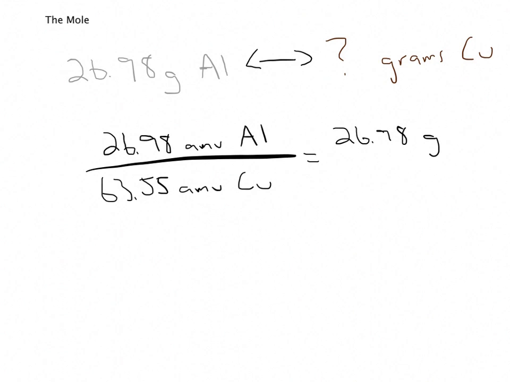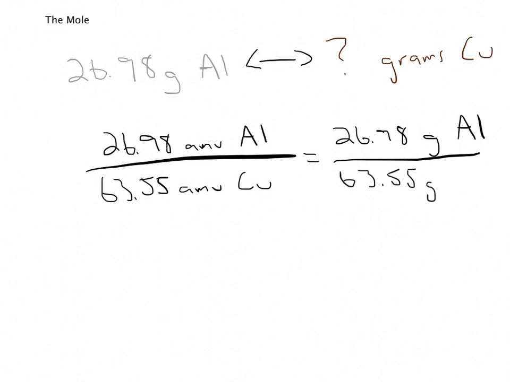And so we can say that 26.98 grams of aluminum would be equal to, and you can see this ratio is actually very easy, right? We've got the same number on top, so it's going to be the same number at the bottom. Whoops, that's copper.